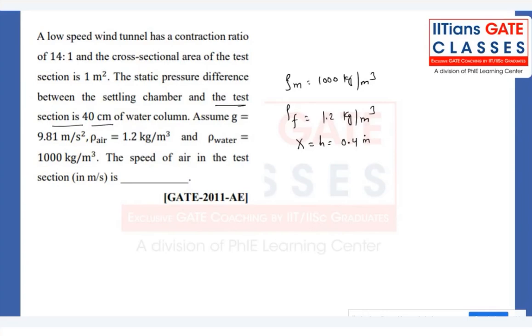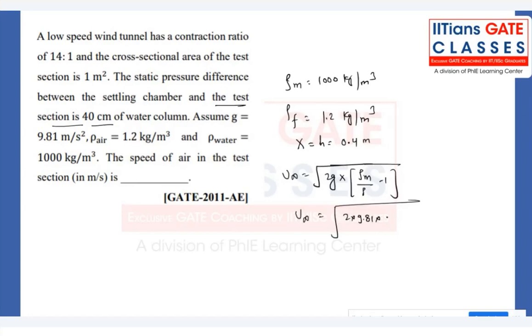What else do we have to calculate? We have to calculate the speed of the air in the test section. That's a very simple formula: under root of 2g X (rho m by rho minus 1). X is what? 0.4, and rho m is thousand.